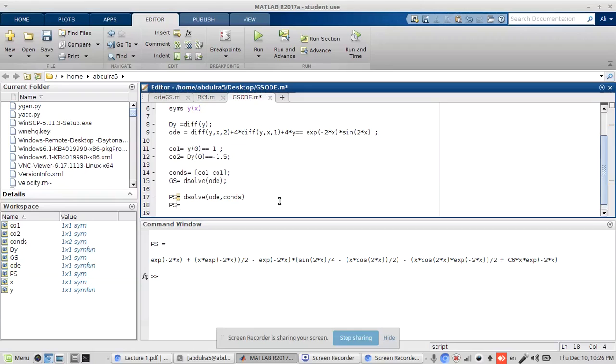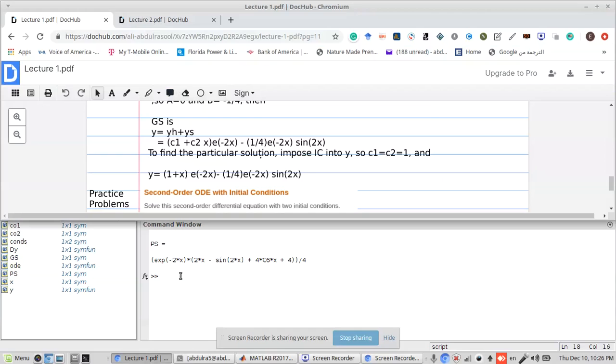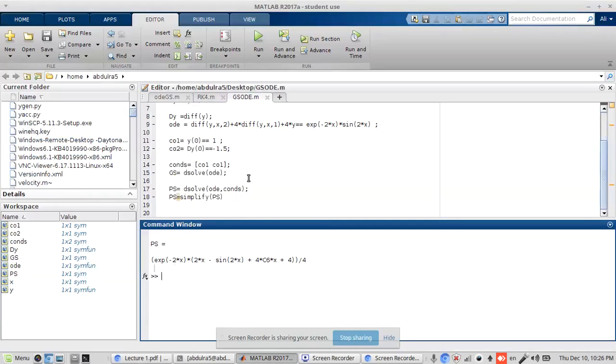So the particular solution will be simplify ODE. So here the two solutions are identical. That means our analytical solution is correct, since everything here in Matlab is also correct. So both give the same solution. Thank you.